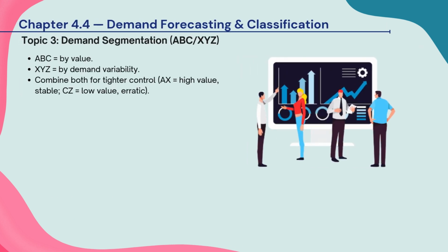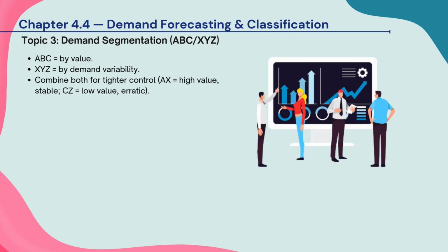This slide talks about demand segmentation using ABC and XYZ methods. ABC classification is based on value contribution. A, high-value items. B, medium-value items. C, low-value items. XYZ classification is based on demand variability. X, stable demand.